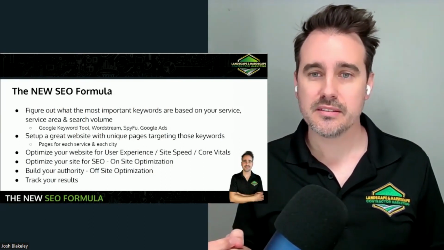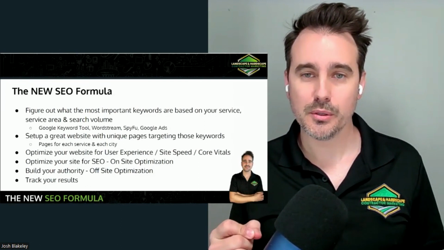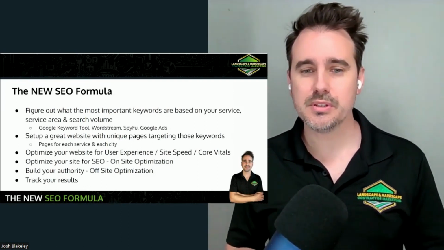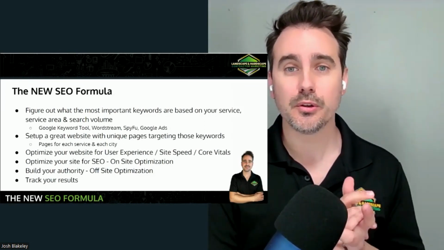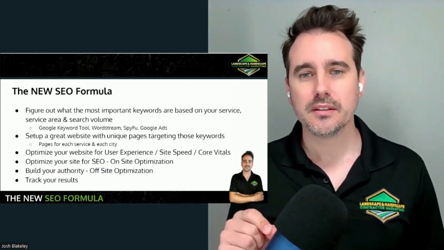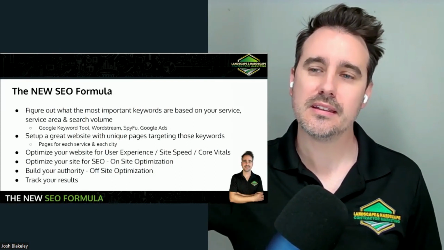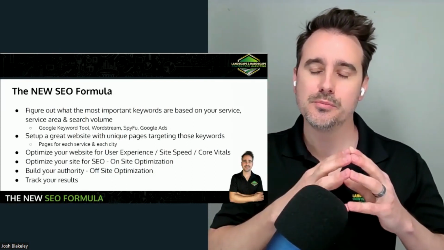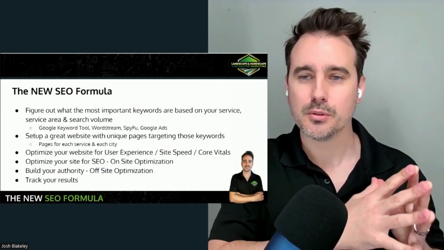And then, of course, the on-site optimization. So the technical part is important. Then, as I touched on the previous slide, building your authority. You want to show Google that you are an authority in your services in your area. And one way to do that is to make sure you've got other sites talking about you.